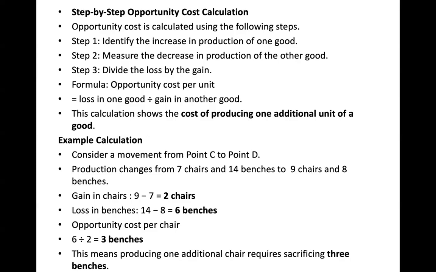You first of all identify the increase in production of one good. Then you measure the decrease in production of the other good. Then you divide the loss by the gain. So the formula is the loss in one good divided by the gain in another good.